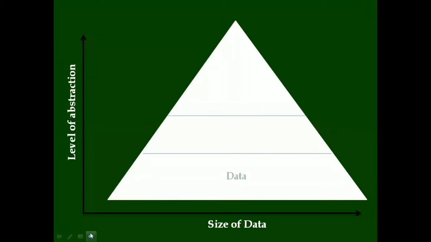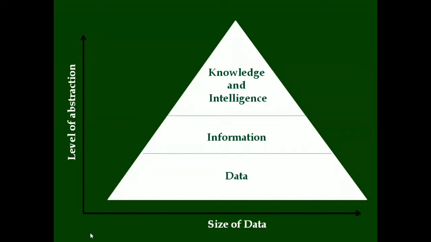In this slide, we are discussing the levels of abstraction from data to knowledge or intelligence, and the size of data. Data is a very huge amount of raw facts, and after processing the data we get useful information.